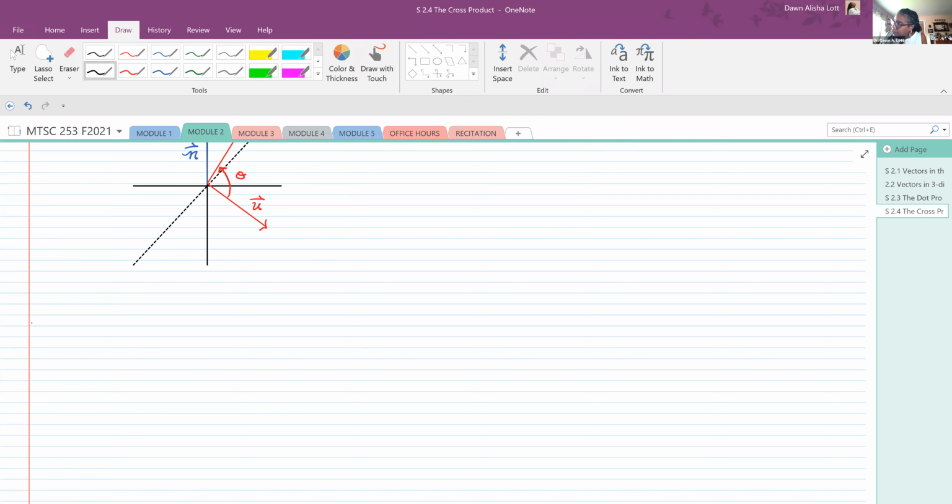So now I want to show that the length of A cross B is the area of a parallelogram.